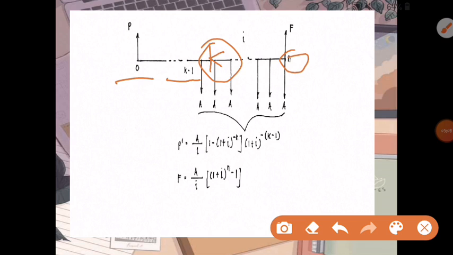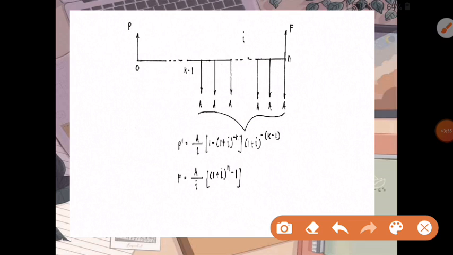So all that he paid from K to N, we bring back to period 0. We just sum up all the annuity payments, the A.